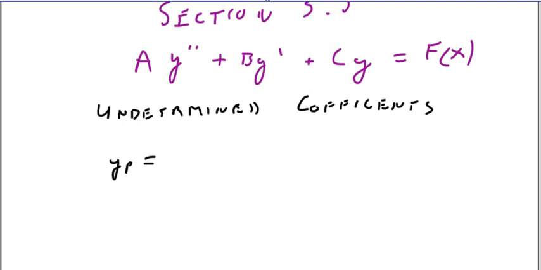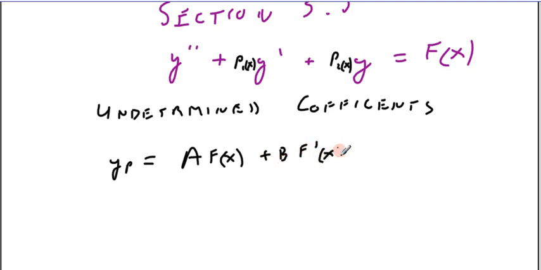I'm going to do something before we start. We're going to get rid of this a, b, and c and change it to something else. We're going to call it P1x and P2x. How's that? Because I don't want you to be confused. Okay, so y sub p is going to be a f of x, that's a plus sign, in case anybody was wondering, plus b f prime of x.